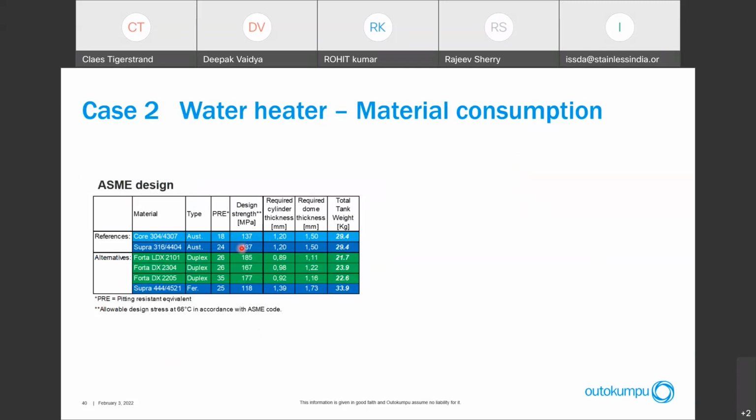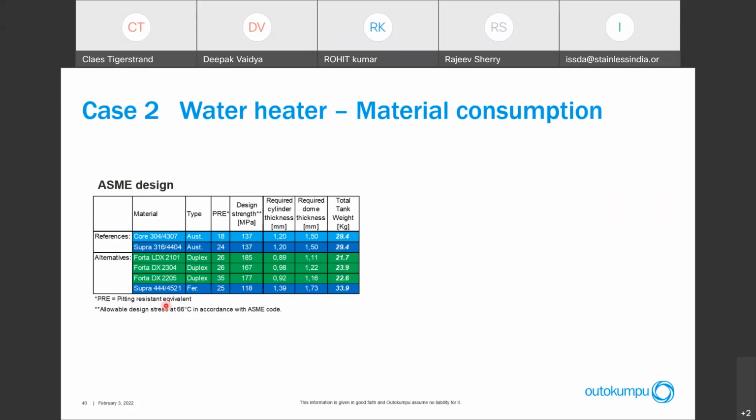You have a quite low design stress and the thickness will be thicker. So the total weight of the tank would be about 30 kilos, whereas with a duplex you can reduce it, so the total weight will be about 20, or up to 22, 23 kilos.